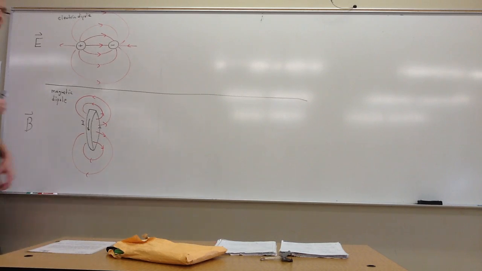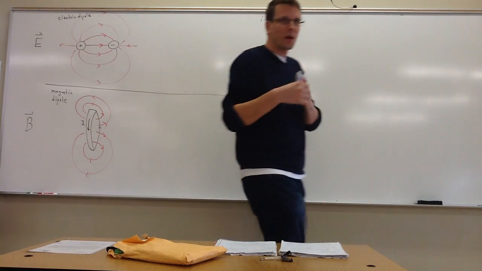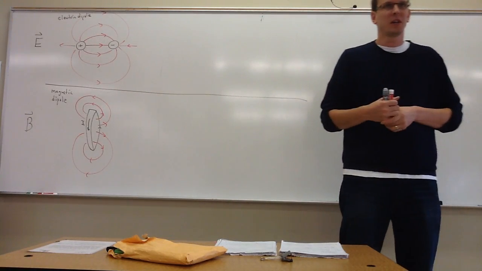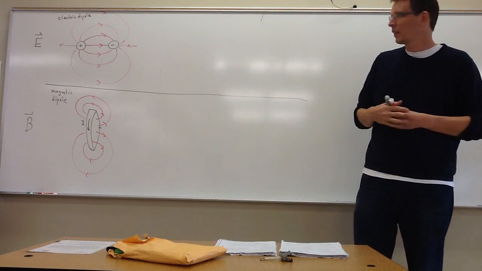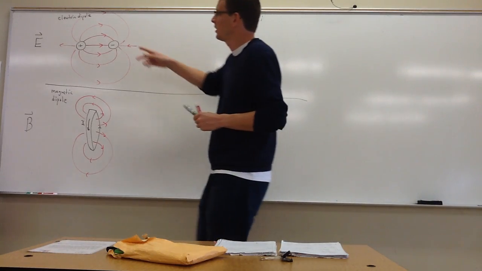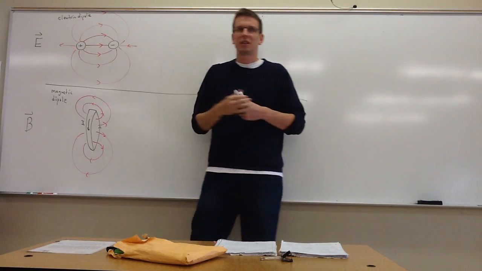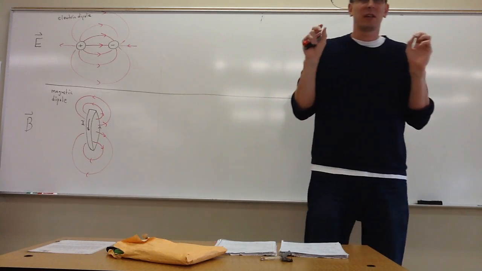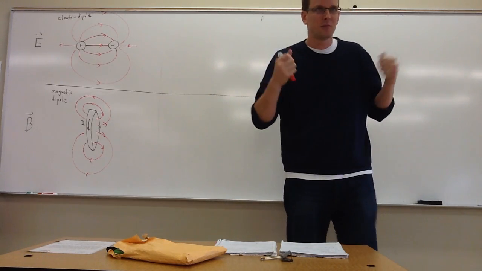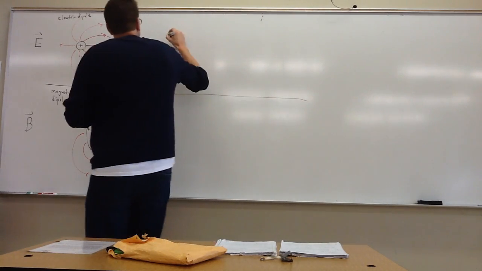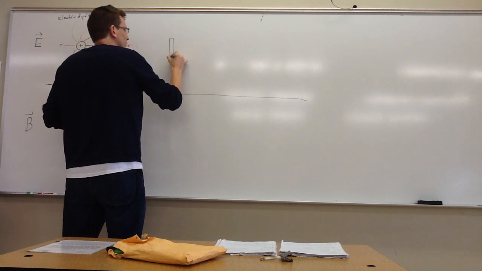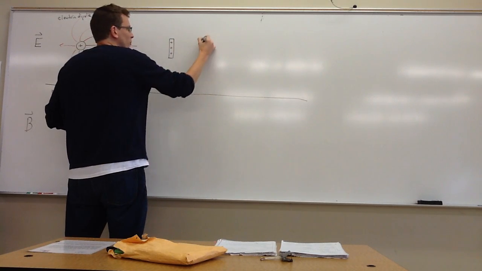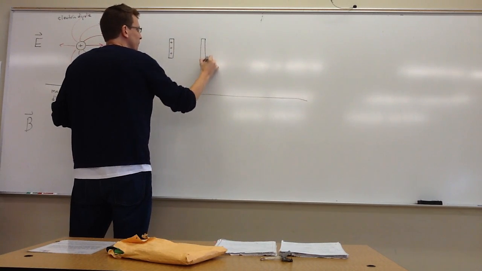So that's my baseline, and then I'm going to stretch and warp what I have going on here to form different looking things. For instance, remember in the electric dipole, we imagined that these two point charges were like little lumps of Play-Doh, and we're going to smash them and spread them out. One of the things we did was smash them into small plates like this.